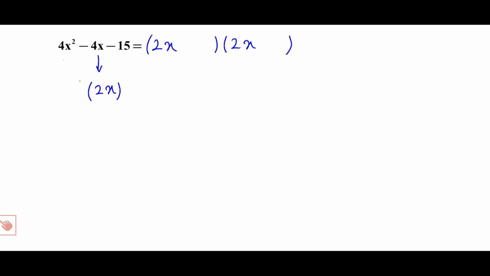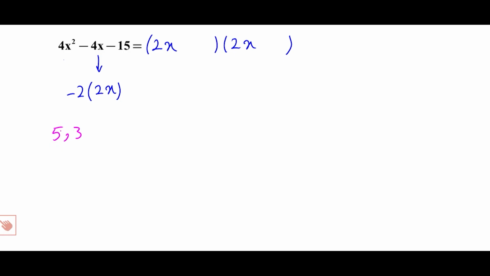Now we need to find two numbers whose product is minus 15 and whose sum is minus 2, because minus 2 times 2x is minus 4x. Okay, can you guess? Yes, the numbers 5 and 3 have this potential, but what should their signs be?